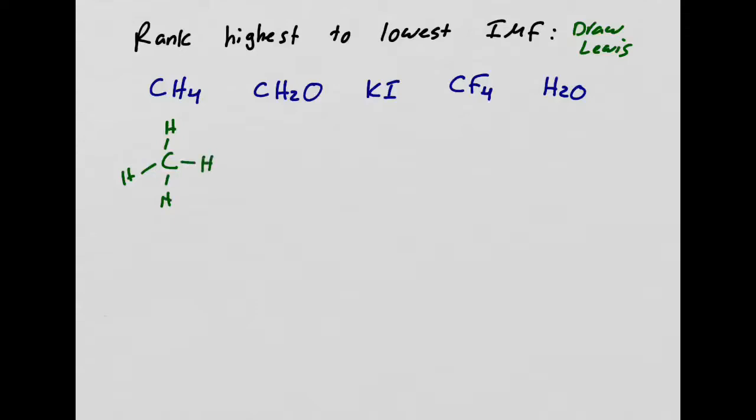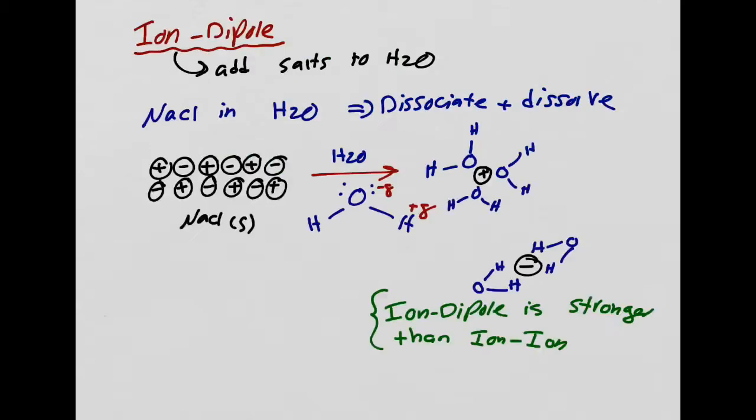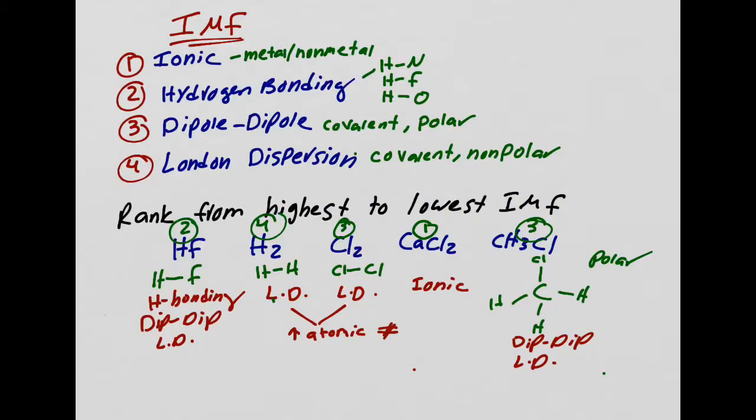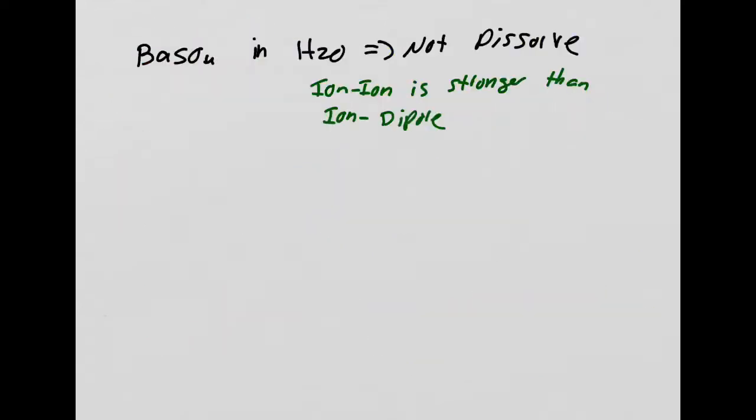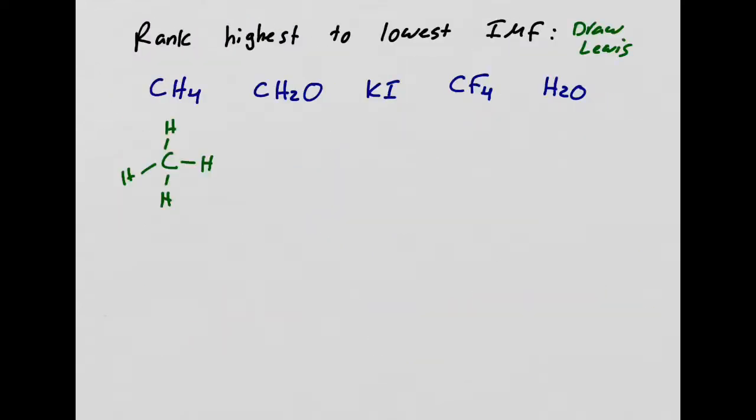Is it ionic? It is not ionic. Again, one more time, consider hydrogen as a nonmetal. Does it have hydrogen bonding? It does not, because to have hydrogen bonding, you must have H connected to N, F, or O. With C-H, that hydrogen is too happy to want to do hydrogen bonding.